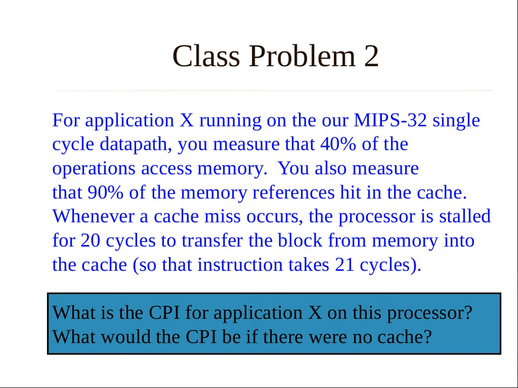What does that equal? 0.6 plus 8.4, which is 9. Is that a small difference or a big difference? Big difference. Wow. So the cache is making a huge difference here.